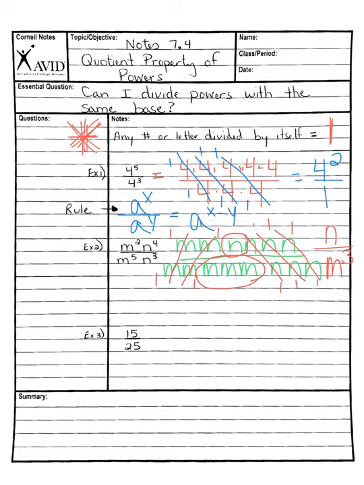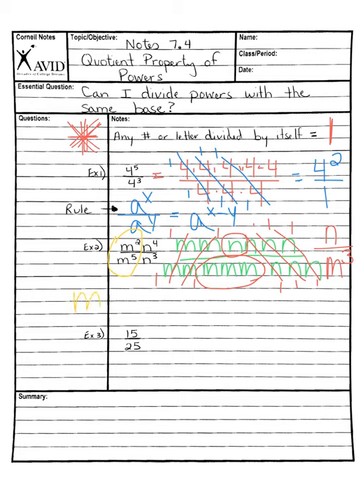Write it out, and we know that we can simplify because anything divided by itself is 1. Let's go ahead and use the rule that we just learned, the quotient property of powers. Let's look at our m's.